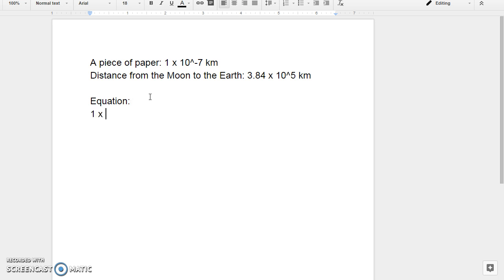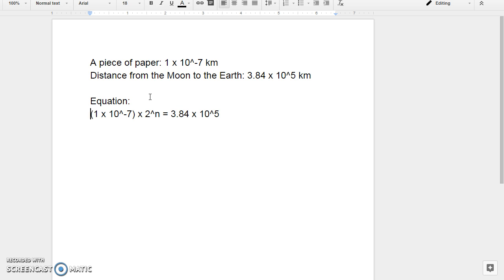It is 1 multiplied by 10 to the power negative 7, multiplied by 2 to the power n, equal to 3.84 multiplied by 10 to the power 5.